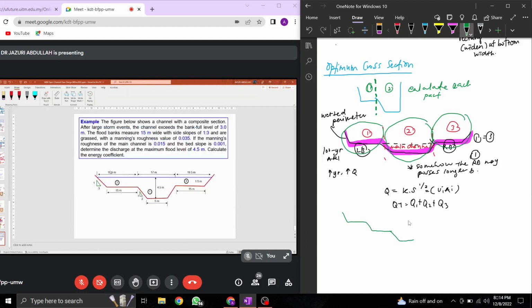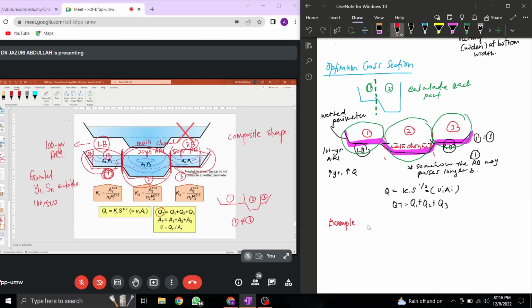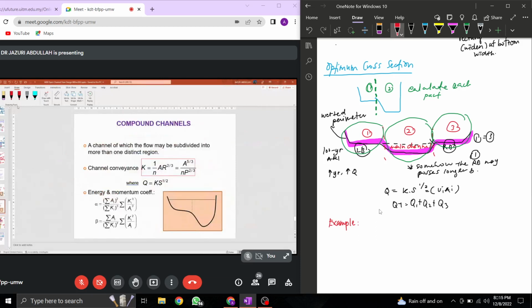If there are no questions, it is below here. Basically in this question they ask for the energy, so calculate the energy coefficient. But before you come out with the energy coefficient, you still have to calculate it here. So this is the energy and this is the momentum.